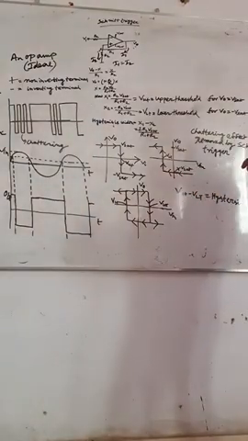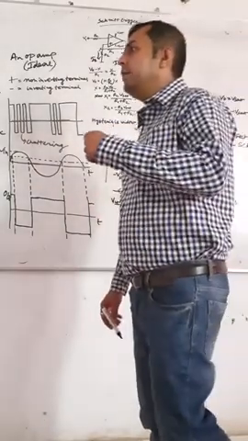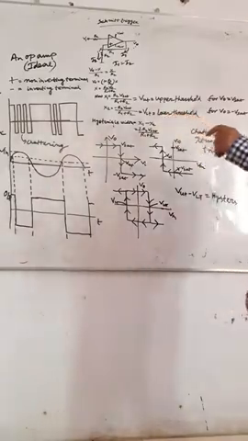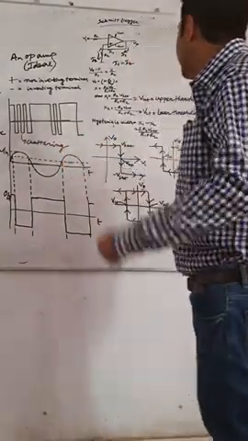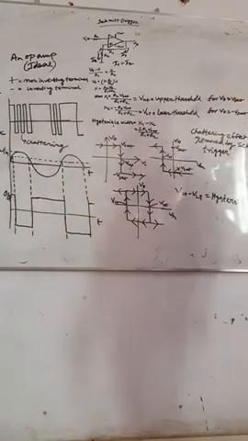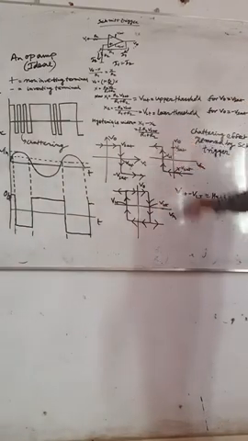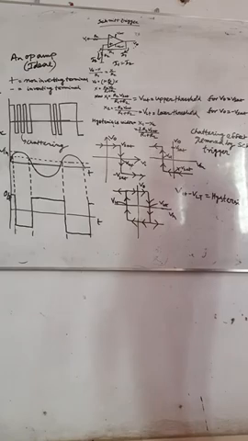You will get an output within the restricted value between plus Vsat to minus Vsat. So our hysteresis width is twice R2 into Vsat divided by R1 plus R2.